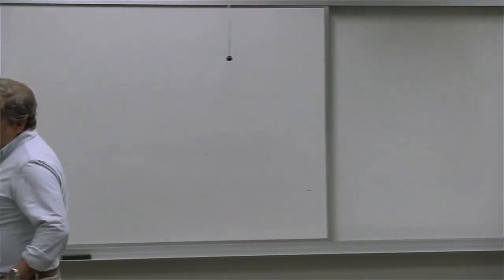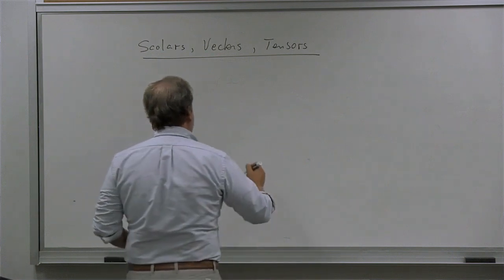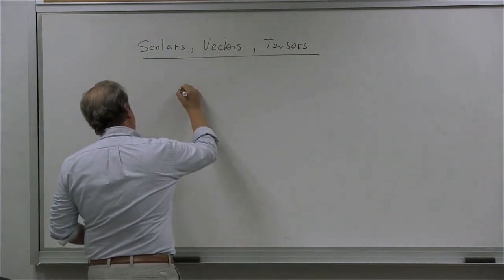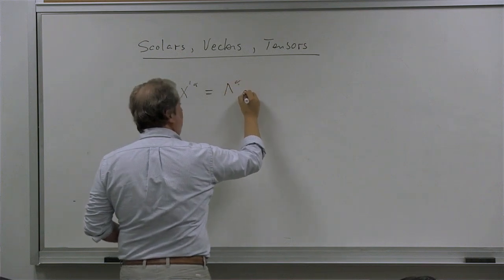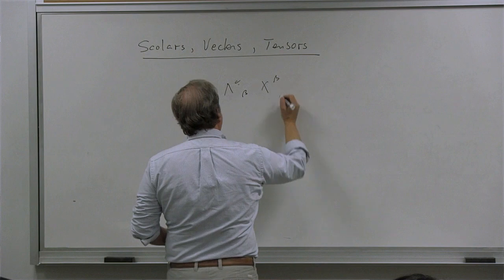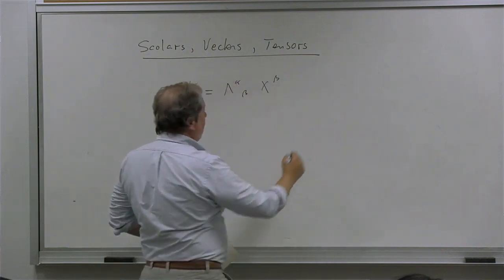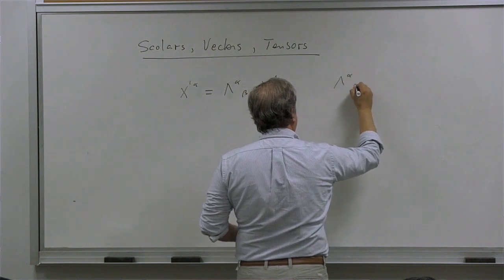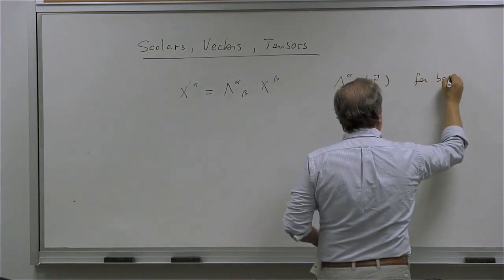And so we have learned that we have this fundamental Lorentz transformation, which is x prime alpha is equal to lambda alpha beta times x beta. That was the transformation law for the coordinate, where lambda alpha beta is a function, for example, of v for boosts.